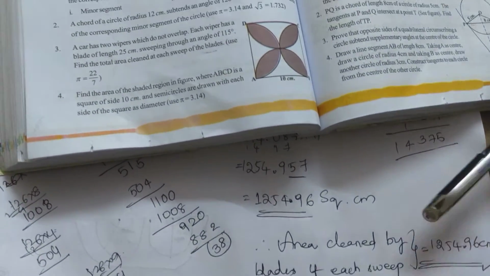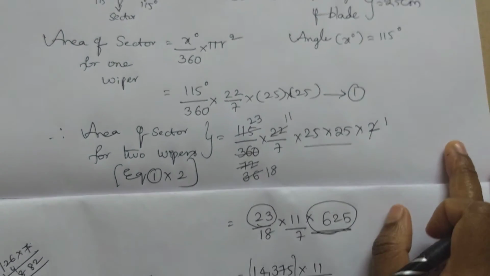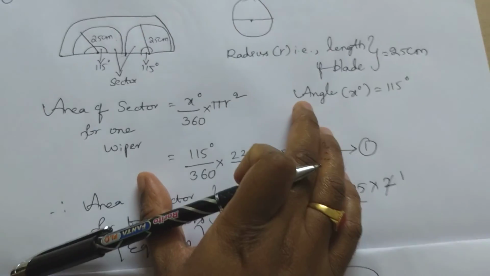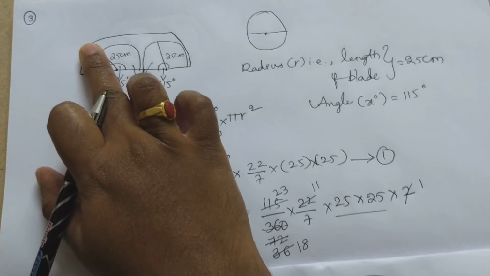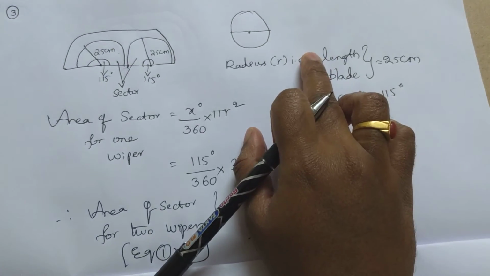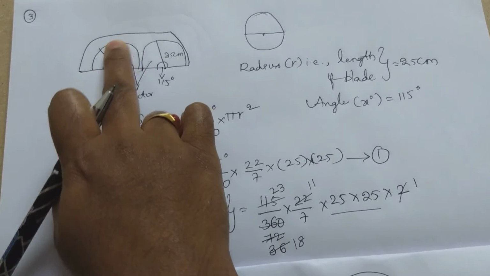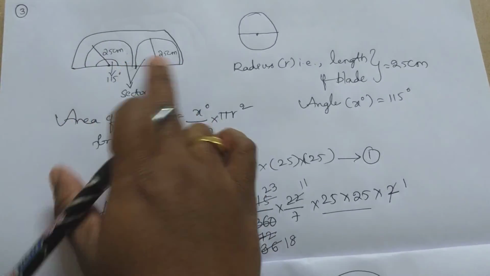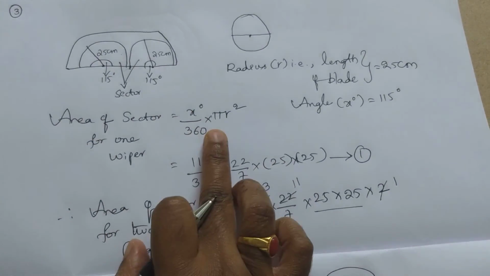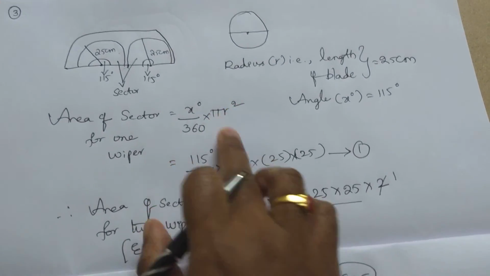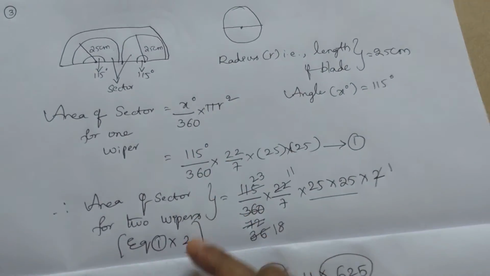Clear? So let me explain very briefly now. The length of the blades, we have taken that as radius, because when you see here it's in the form of a semicircle, you can consider each of them as a sector, two different sectors. So for one sector, x by 360 into pi r square. For two sectors, this value into 2.